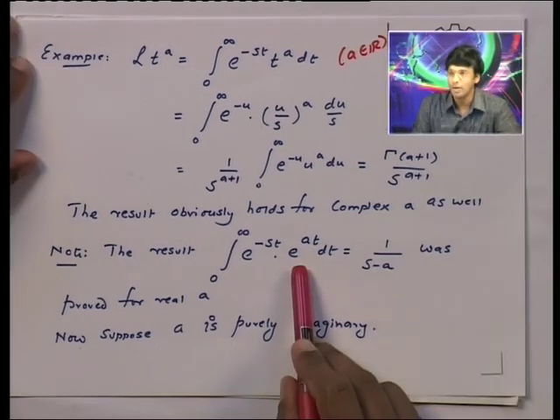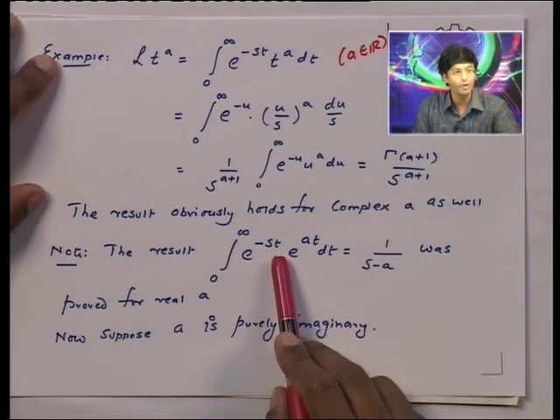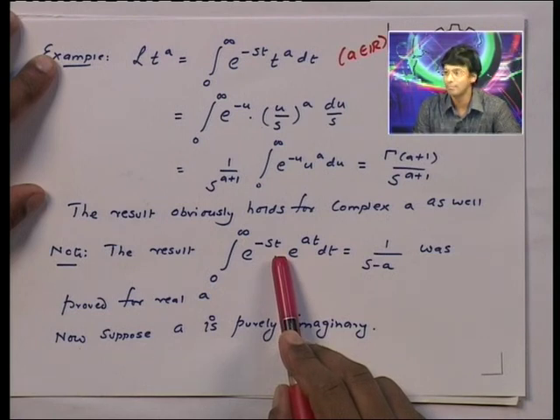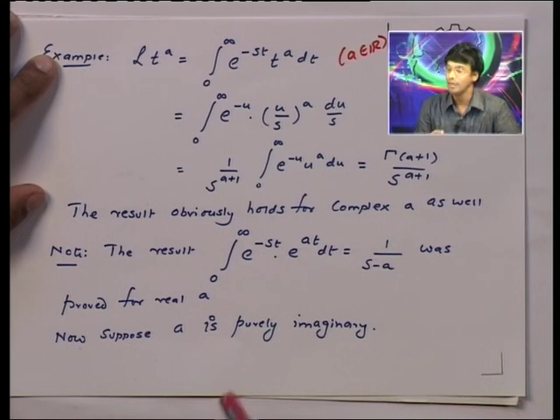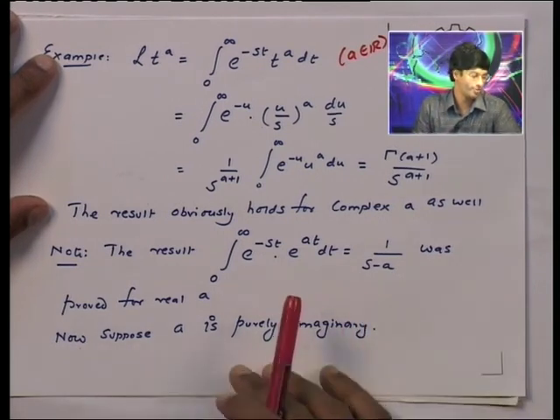Whereas here, if you try to put t into (s minus a) equal to u, you are making a change of variables which is not legal, correct. All right.